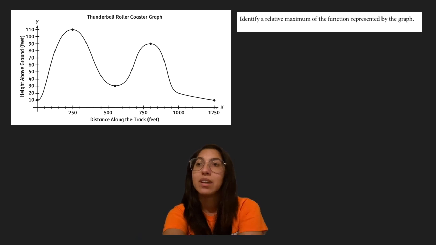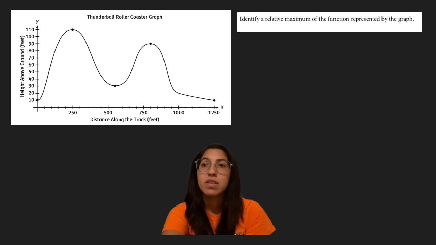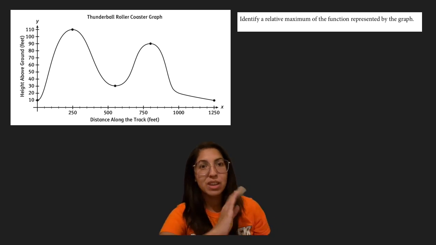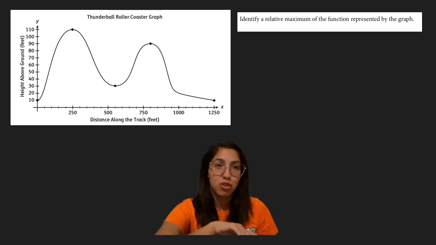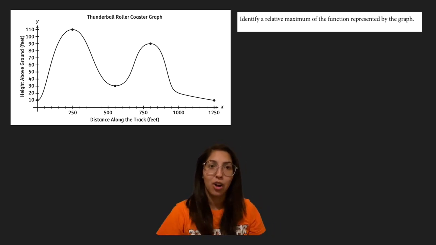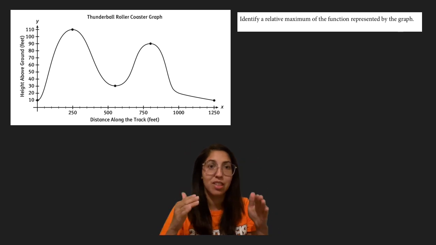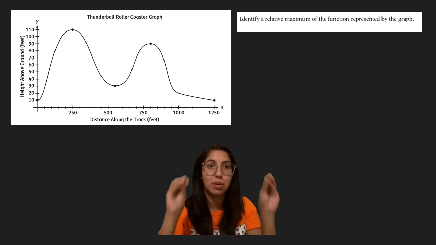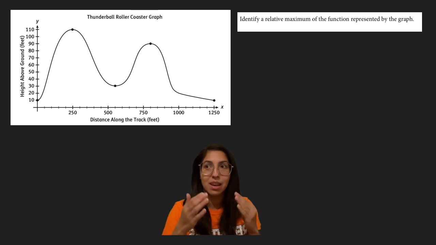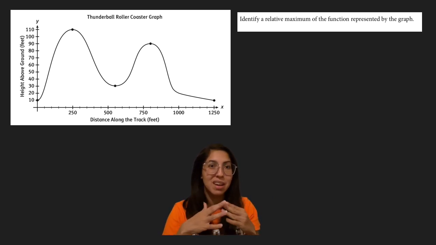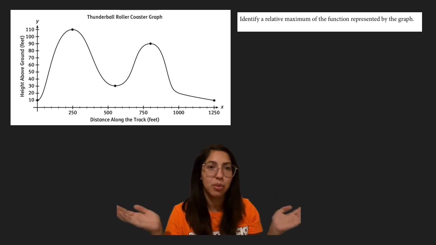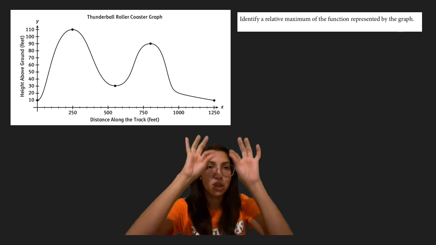Next, identify a relative maximum of the function represented by the graph. This is where it gets kind of tricky, relative maximums and relative minimums. So relative maximums and minimums are the points where it makes a hill or a mountain. You can see that that point is higher than the rest. There are points on both sides. What that means is that relative maximums and minimums cannot be your endpoints because they have to have points on both sides.